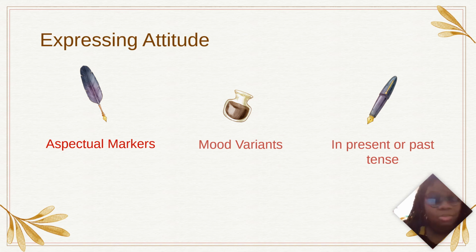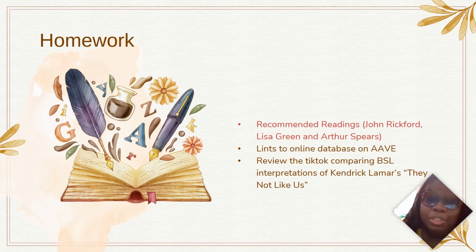Misunderstandings arise when you apply standard American English grammatical rules to AAVE, because in AAVE, the mood markers don't just convey tense, but they also convey the nuance of mood and aspect. This week we just scratched the surface, as I said, on AAVE grammar, covered a lot of ground very quickly, just diving briefly into syntax, into morphology, into mood markers and modal construction.